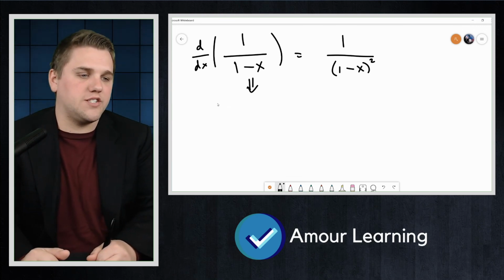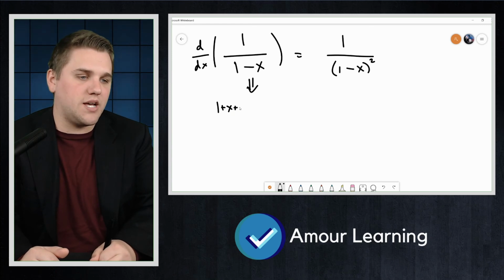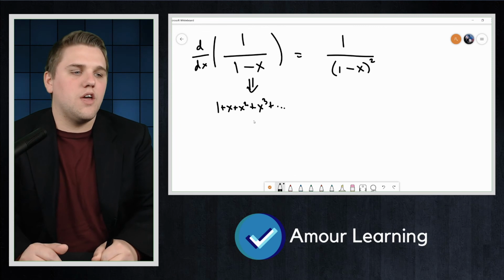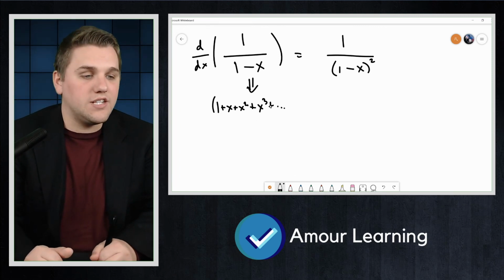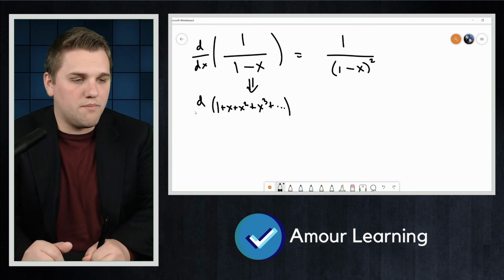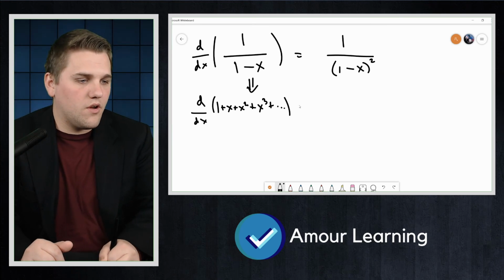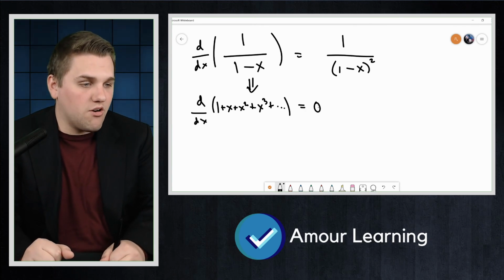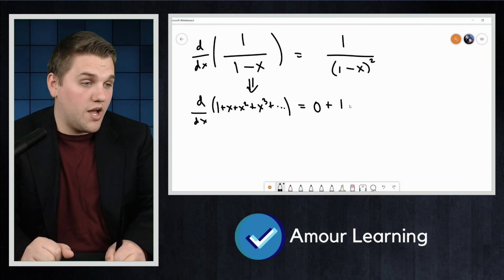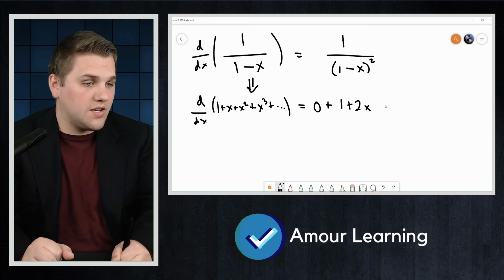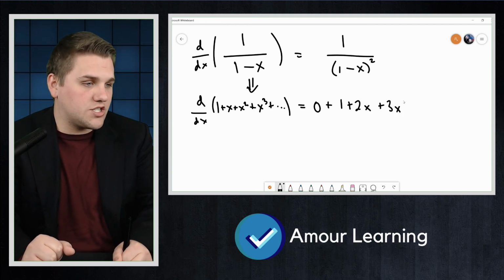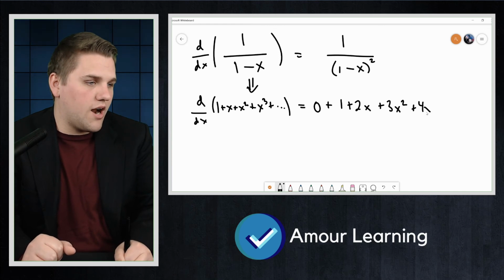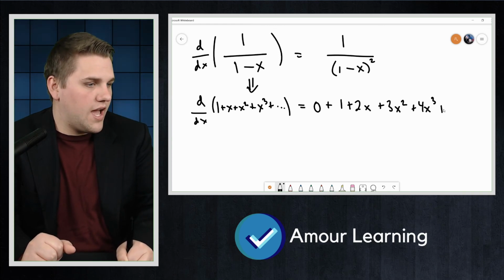The power series for this is, again, 1 plus x plus x squared plus x cubed, and so forth. If we differentiate these term by term, we get 0 plus 1 plus 2x plus 3x squared plus 4x cubed, and so forth.